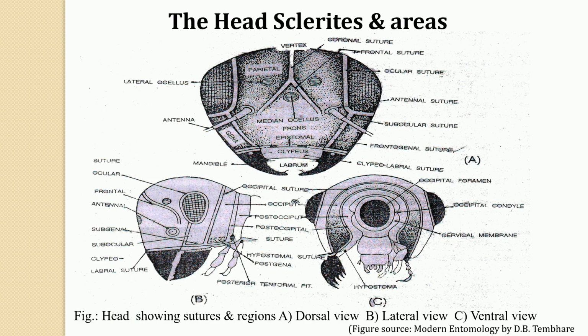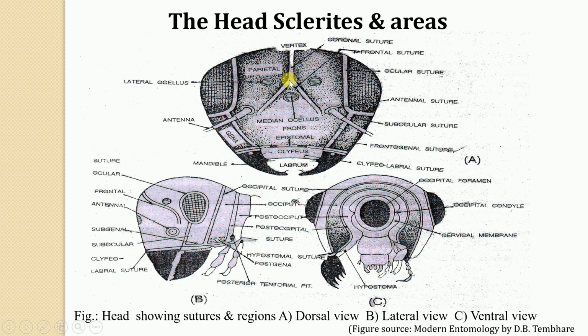So let's see a quick summary of whatever sclerites or areas we have discussed in this lecture. The anterior most sclerite of the insect head is known as the labrum. Then posterior to the labrum is a second sclerite known as the Clypeus, followed by the next sclerite known as the Frons, then the Epicranium.